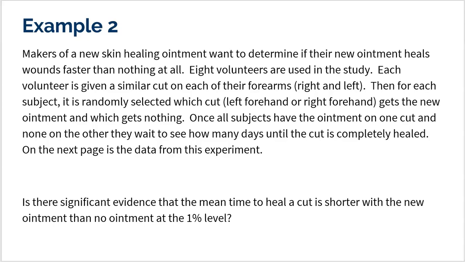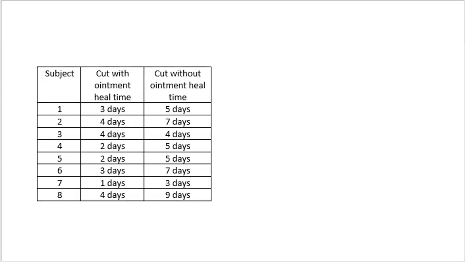All right, so here are my 8 subjects, and we have the number of days that the cut healed with the ointment and the number of days that the cut healed without the ointment. Now notice I did not give you the differences, and I do need to get that list of differences. But for an example like this with whole numbers, my goodness, it's pretty easy. So let's just do with the ointment minus no ointment.